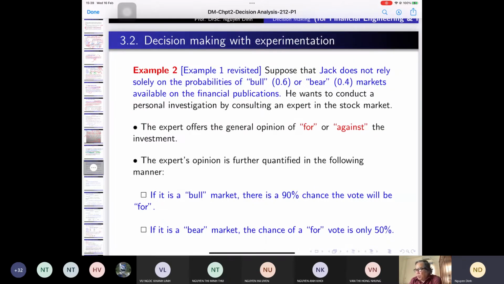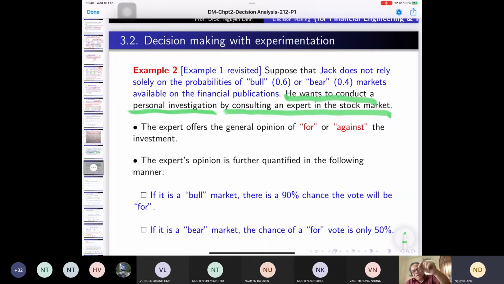So what does he do? He wants to conduct a personal investigation by consulting an expert in the stock market. If you really want to invest in stock, more investigation is needed. You make more and more investigation, you get more and more exact data, and then your calculation is closer to the real fact.